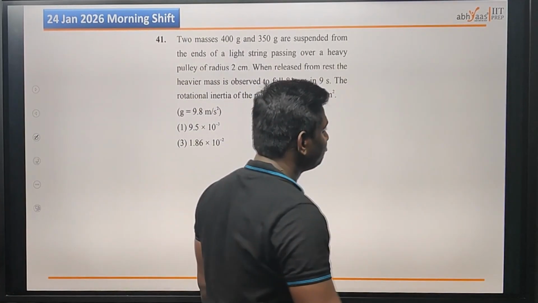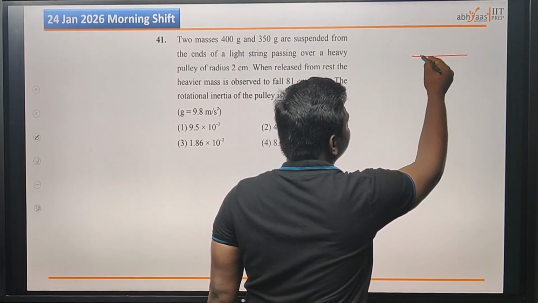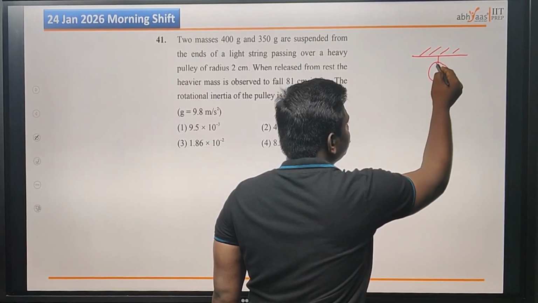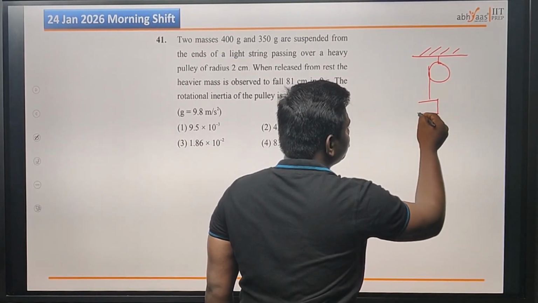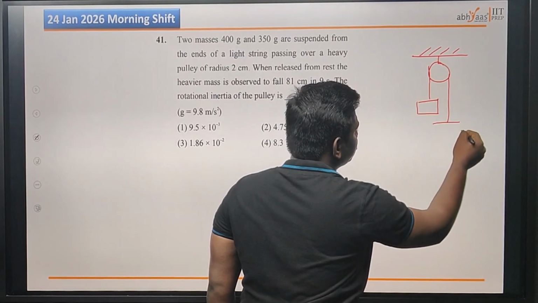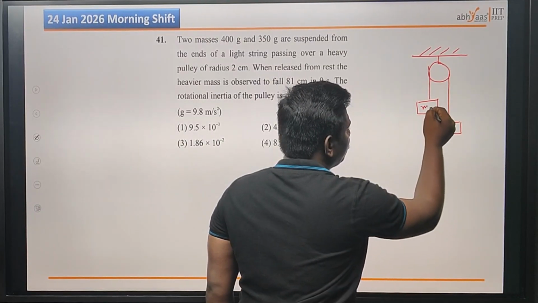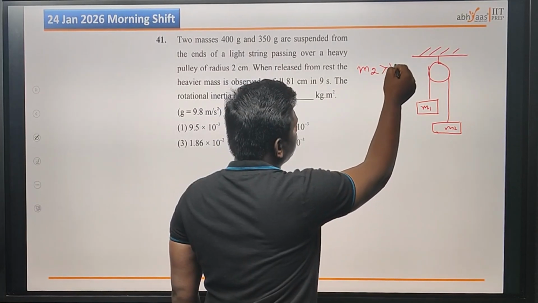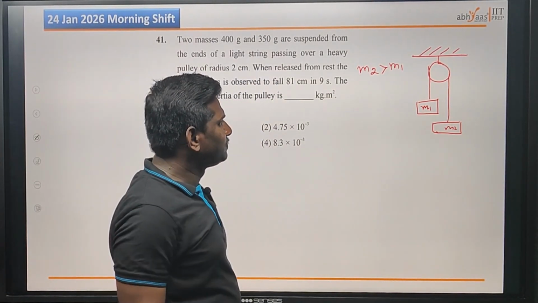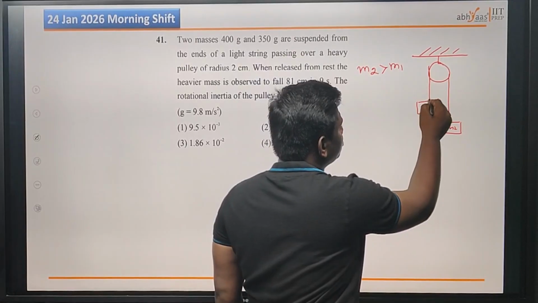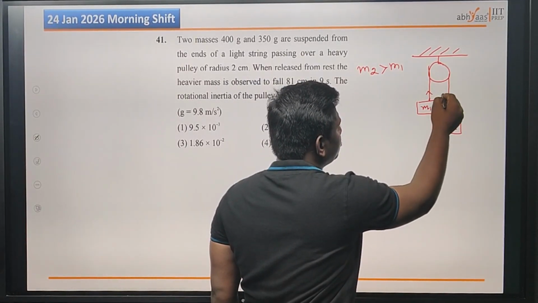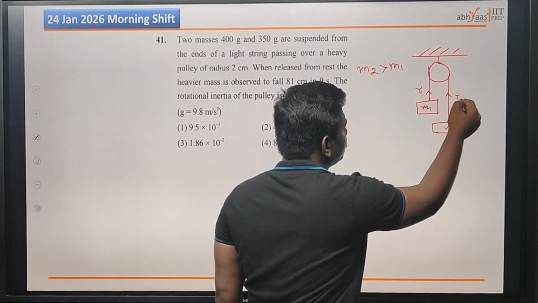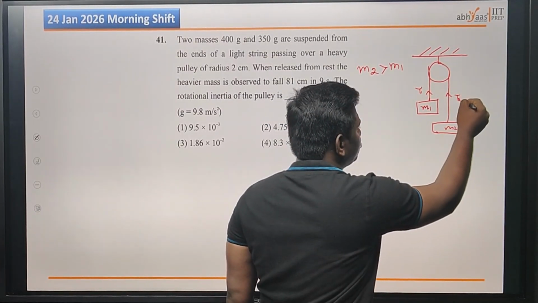So see here, we have one pulley with two masses, m1 and m2. m2 is greater than m1. Take this condition, with tension 1 and tension 2.